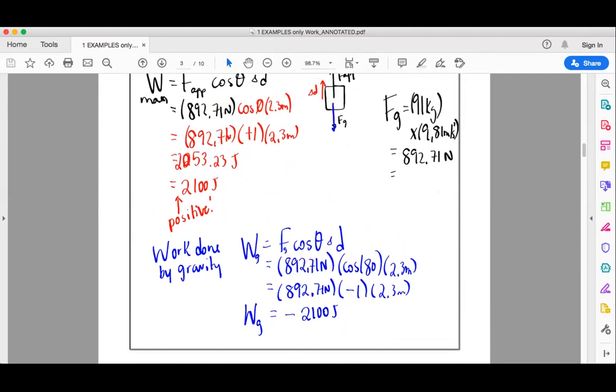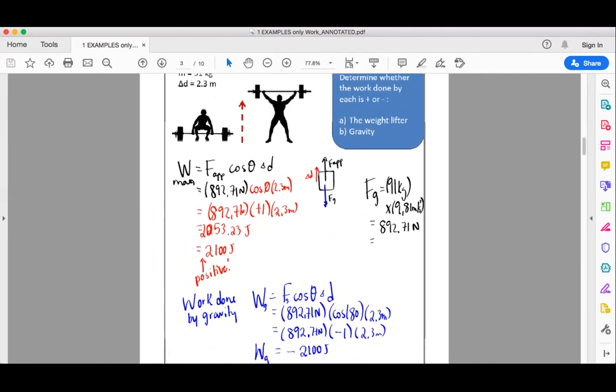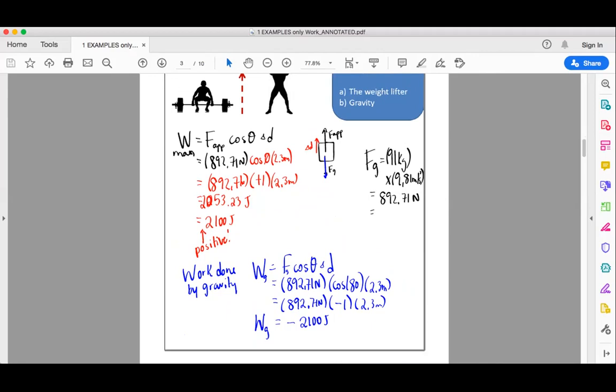So you can see why this is our first example where we're talking about work done by different forces. You can see why it's important in the therefore statement to be specific about the work you're reporting. The work done by the weightlifter on the barbell is positive 2100 joules.